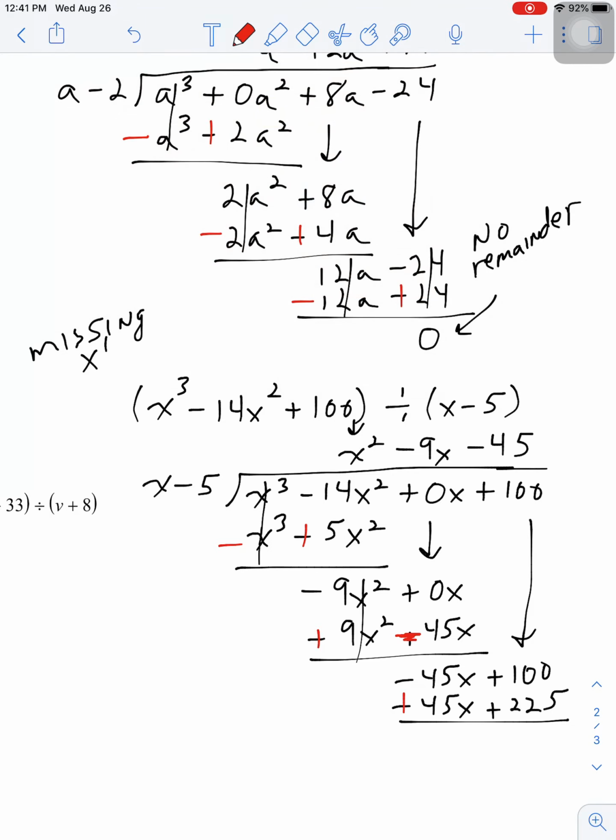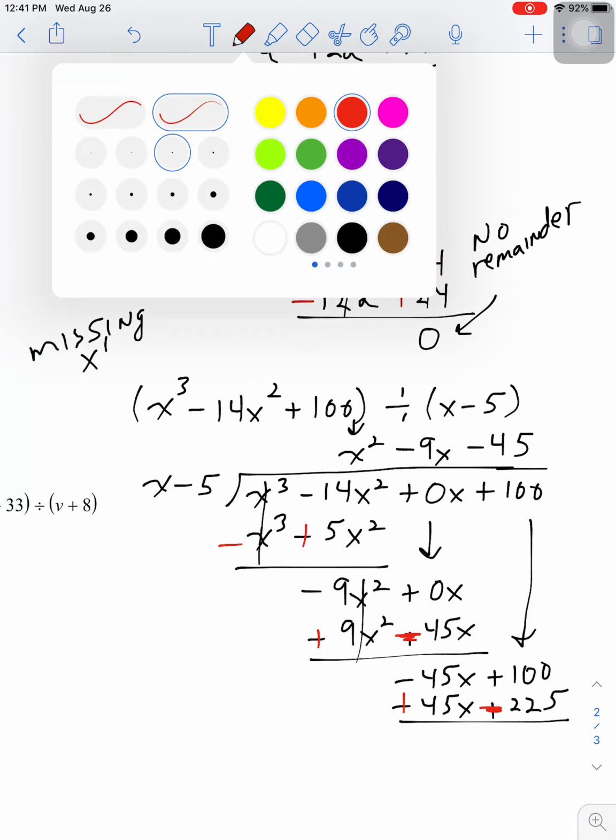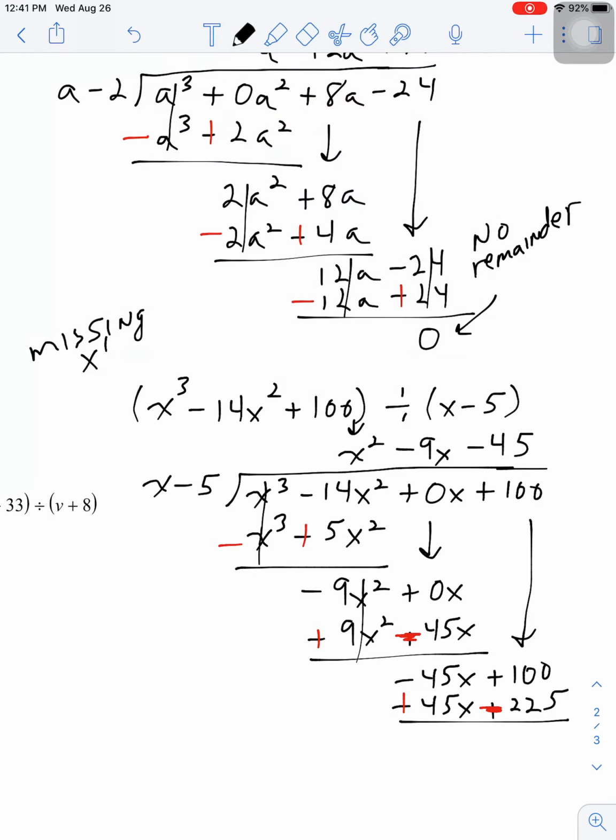Then you guys subtract. So that's going to be a plus, and this is going to be a minus. So the 45x's go. 100 minus 225 is going to give me a -125. So we definitely got a remainder.